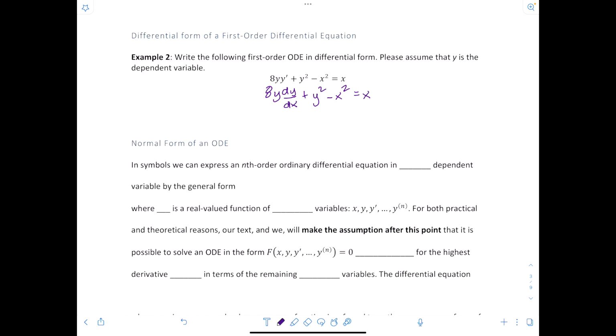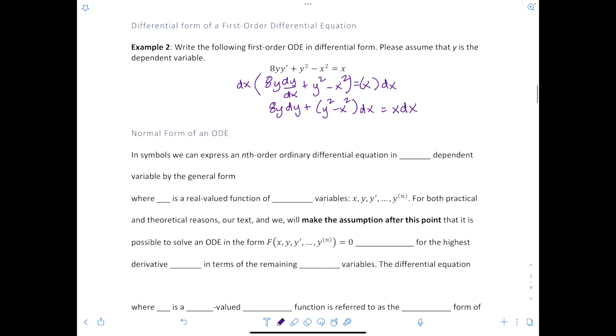Now, here, what we want to do is put this in differential form. So if we multiply both sides by dx, we're going to get 8y dy plus (y squared minus x squared) dx is equal to x dx.